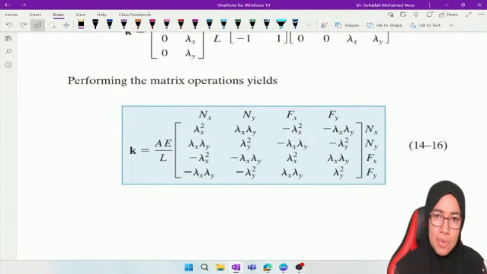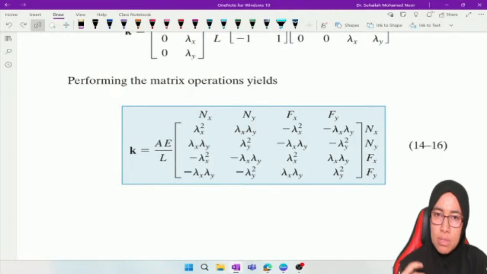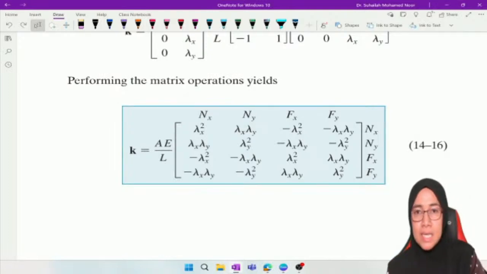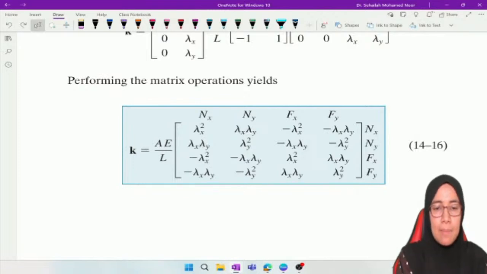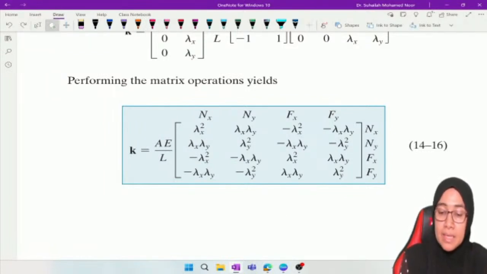We can write as C, we can also write as lambda. Okay, so this is the symbol used in the textbook. Lambda and C is the same. Previously in the final exam appendix, we use CX, CY.